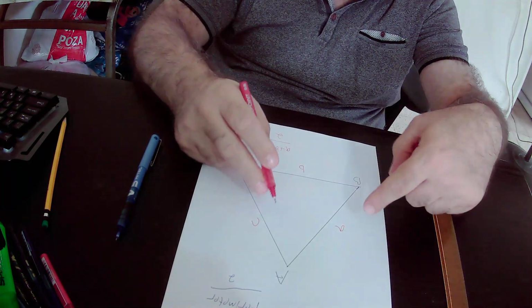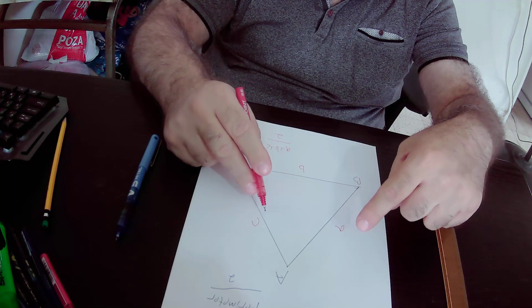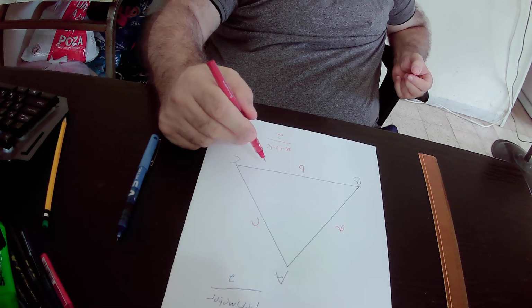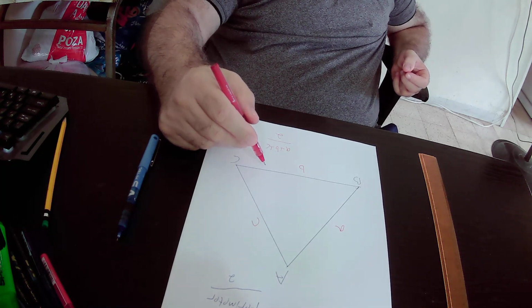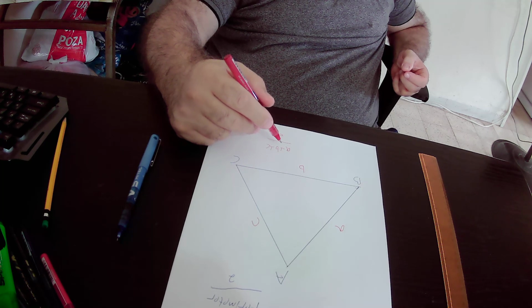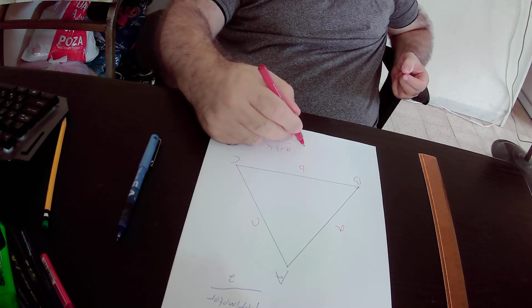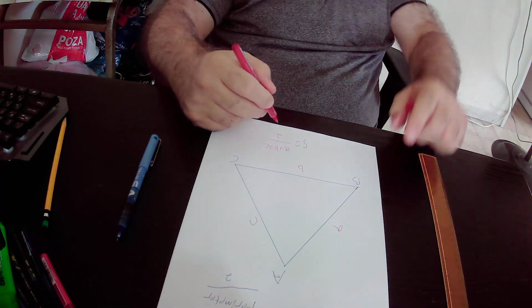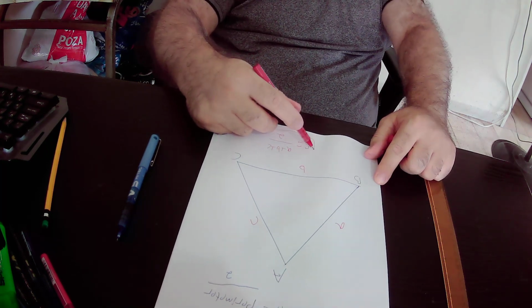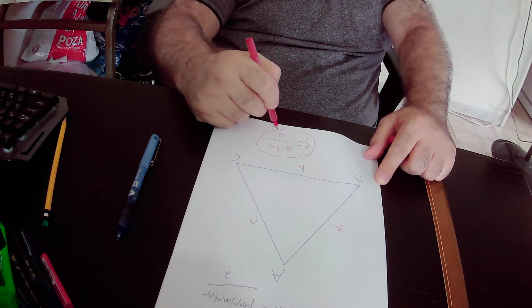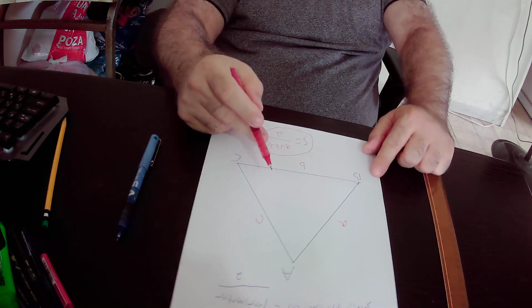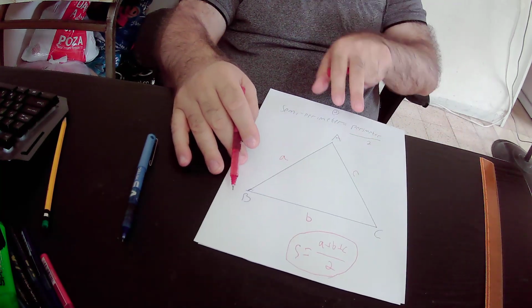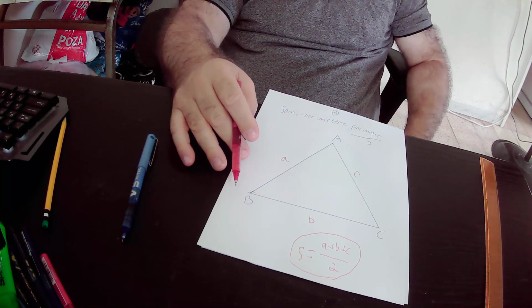So that is the semi-perimeter of this triangle ABC, and we mark the semi-perimeter by the letter S, an abbreviation for semi-perimeter. So S, the semi-perimeter of this triangle ABC, equals A plus B plus C over 2.